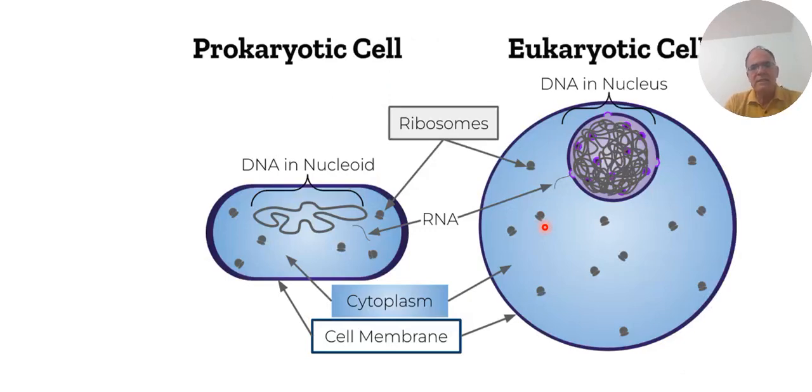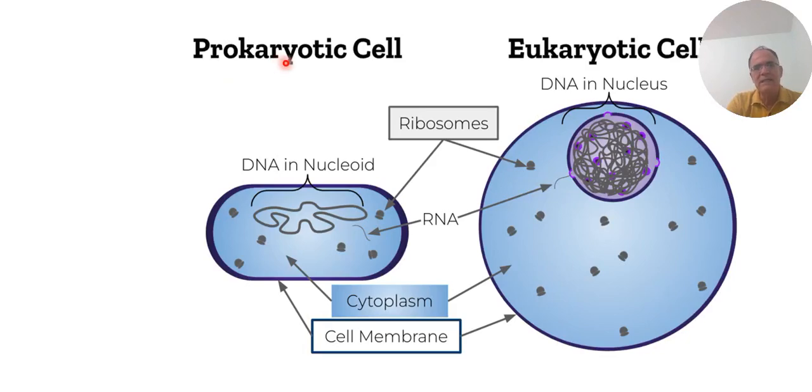Overall, cells are divided into two groups based on genetic material: prokaryotic cells and eukaryotic cells. Prokaryotic is made of pro and karyote. The prefix pro means primitive, simple.